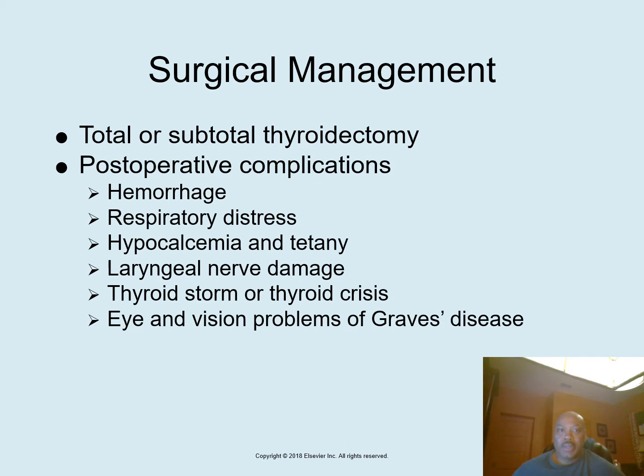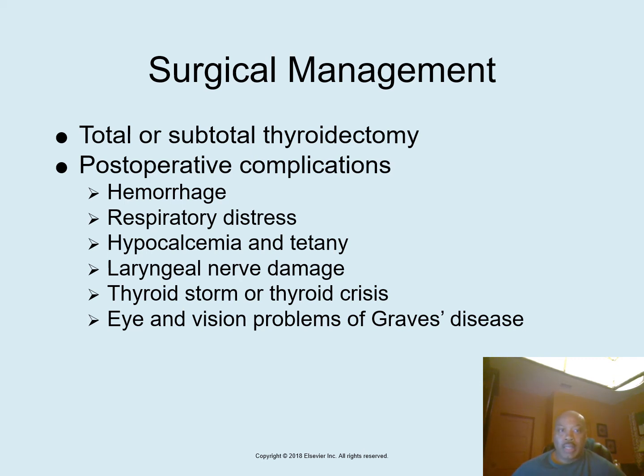Now, during surgery, the parathyroid gland and the laryngeal nerves are avoided in order to decrease complications or any injuries. Now, as a special note, for patients who have a subtotal thyroidectomy, meaning, remember, part of the thyroid is removed, not all of it, the remaining thyroid tissue is actually sutured to the trachea.